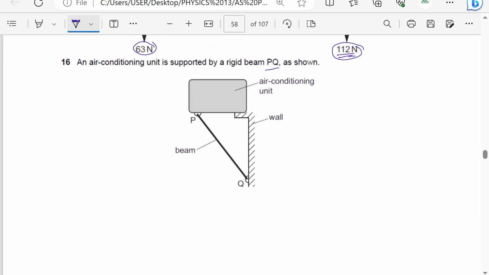So at every point of contact here, there is a normal reaction in that direction, and there should be a force acting vertically upwards at this point here. The same applies to this. There is a normal reaction here, and there could be a force acting in that direction.